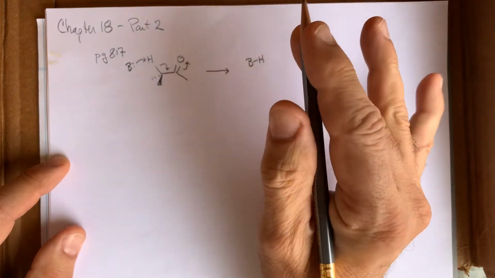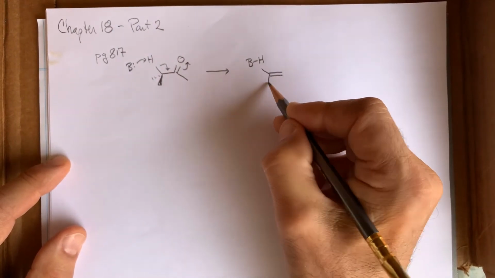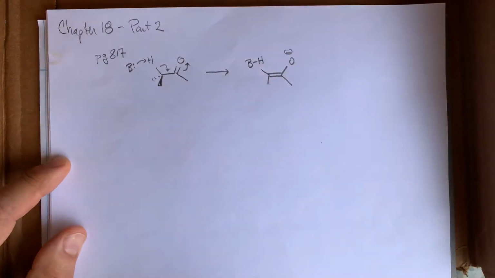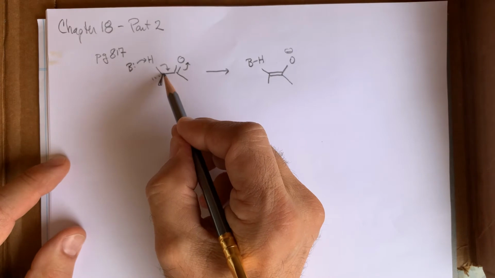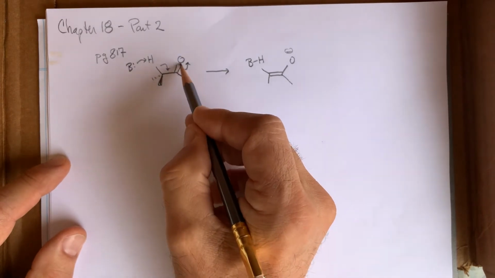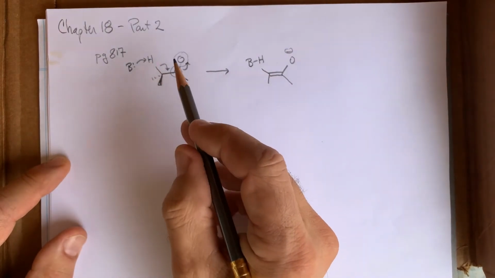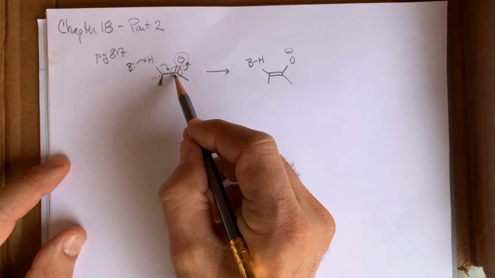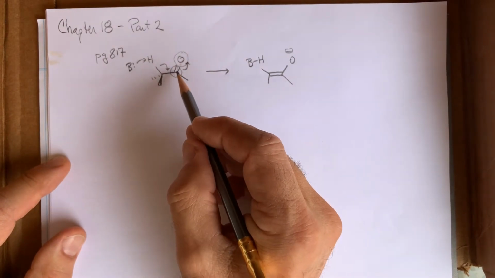This is not exactly the way it's shown, but it's pretty close. What's wrong with that? What's wrong with it is we are looking down on a carbonyl. The p orbitals are above and below the plane of the paper. You're looking down on the top, or up at the bottom, of the p orbitals.